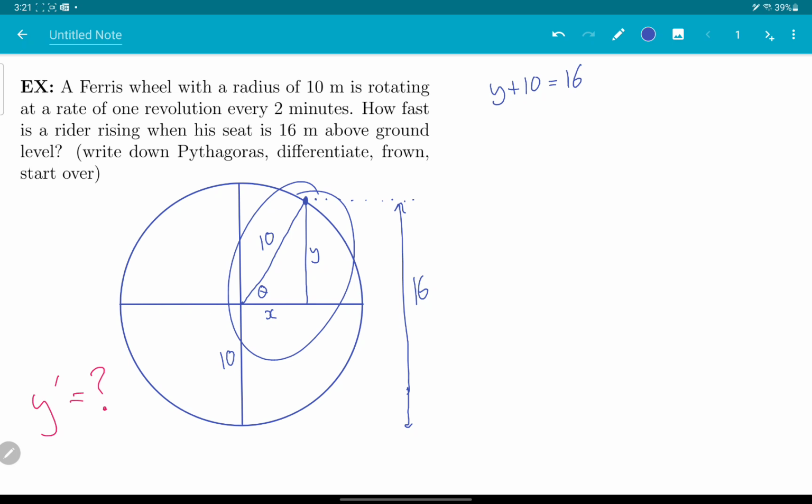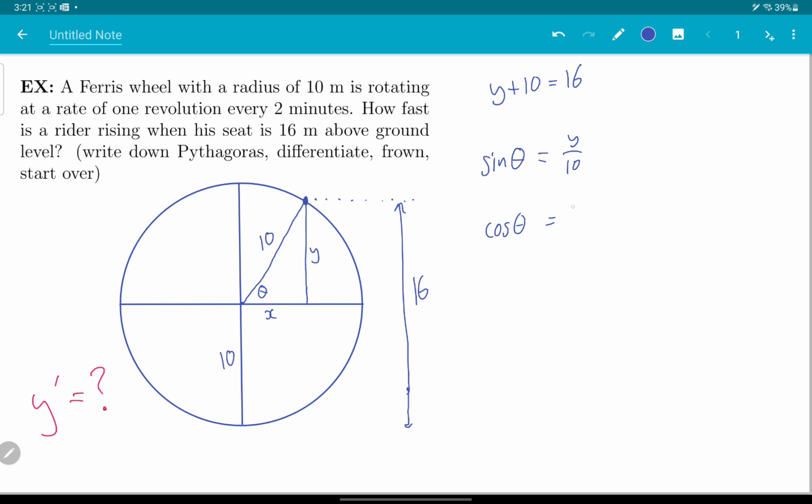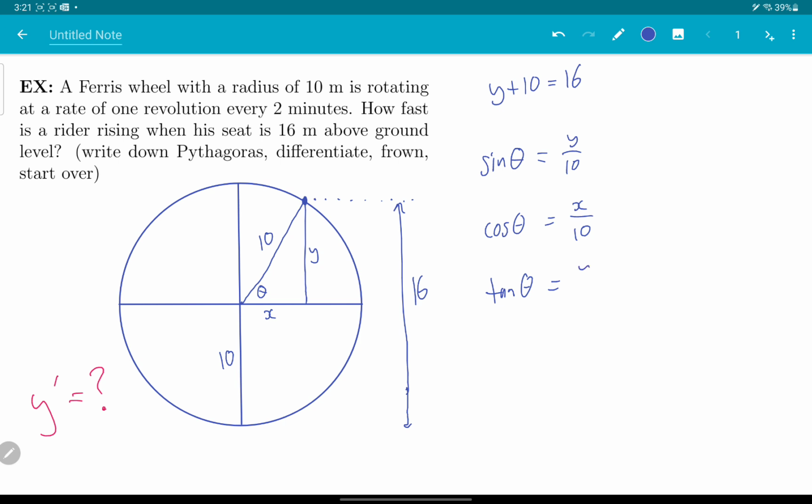So an angle formula about this triangle, well, I can write down, say, sine theta is y over 10, opposite over hypotenuse. Cos theta is x over 10. Tan theta is y over x.